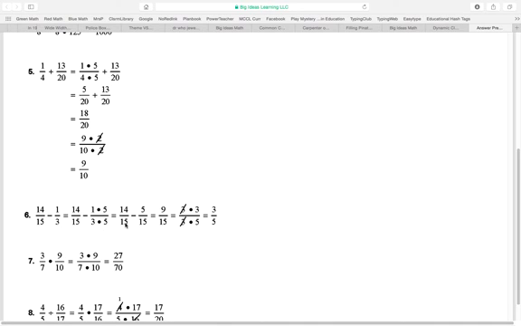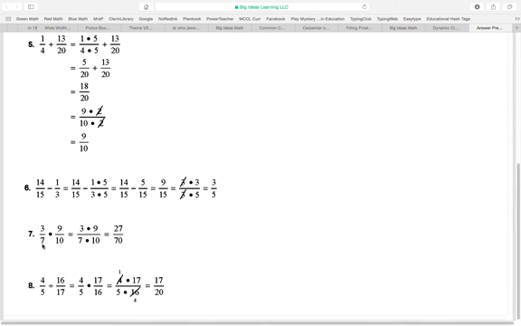So it would be 14/15 minus 5/15, because we multiply both of those by 5. So 14 minus 5 is 9, and obviously we keep the same denominator. Both of those numbers are divisible by 3. So 9 divided by 3 is 3, and 15 divided by 3 is 5. So the answer is 3/5.